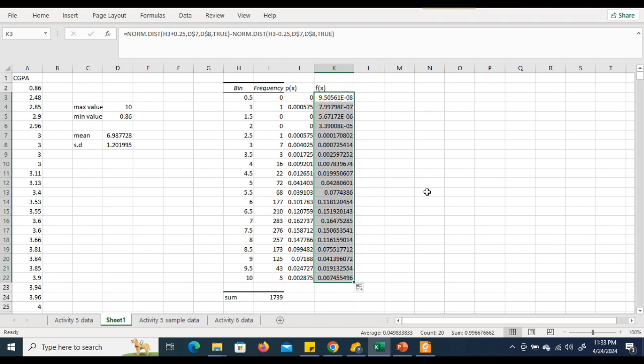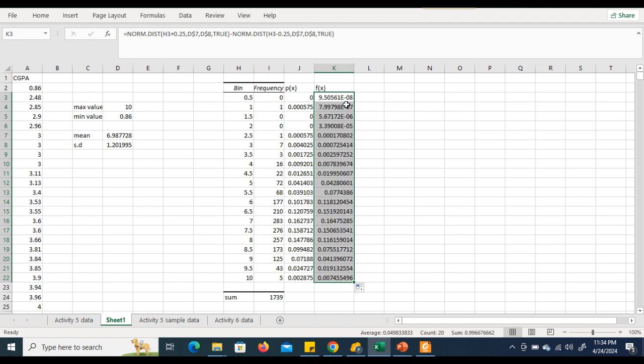Now I have calculated the normal probability, and I have calculated the actual probability. The next case is I want to see the nature of the distribution, because this is the normal probability. It actually has a normal distribution curve, but I want to see the nature of this particular part.